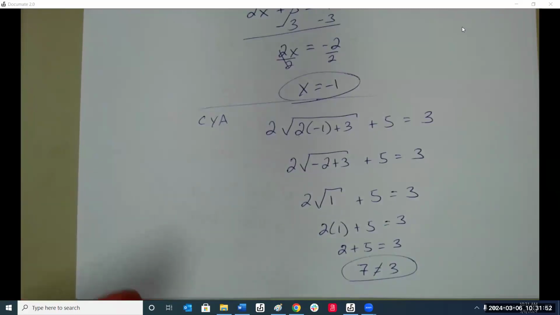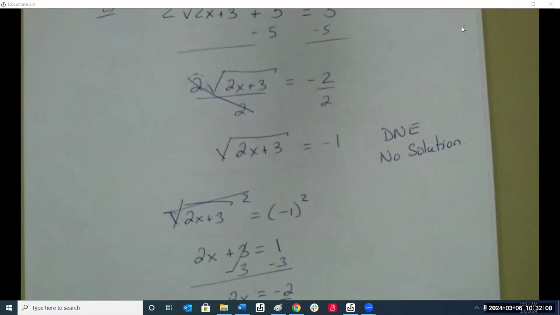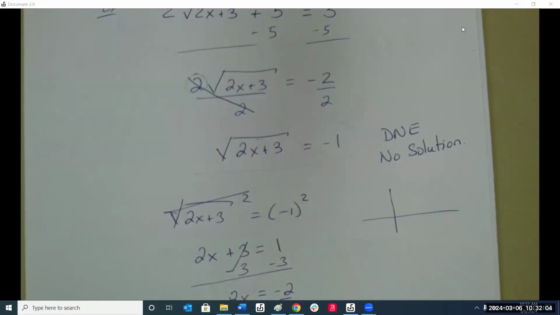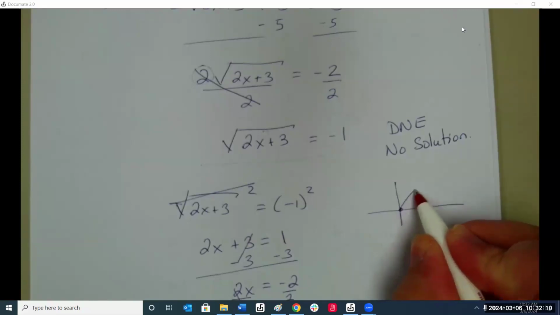Again, everything from where I put no solution is stuff you never should have written in the first place. Why? Because what is the graph of the square root function? It looks like this.